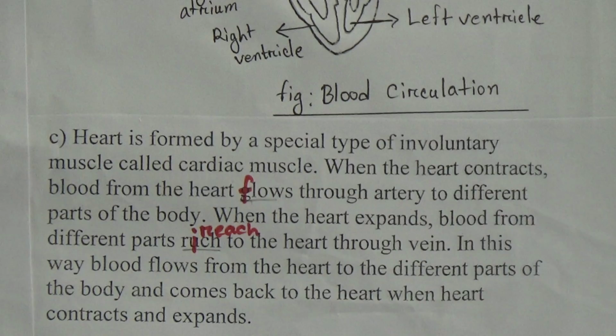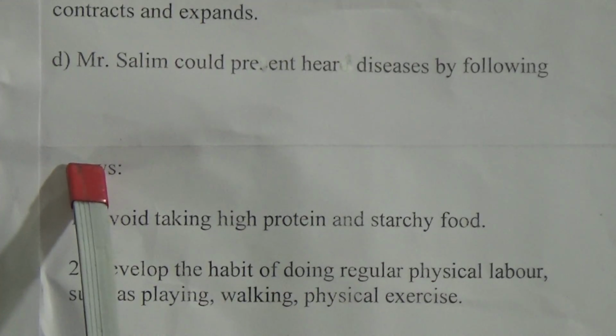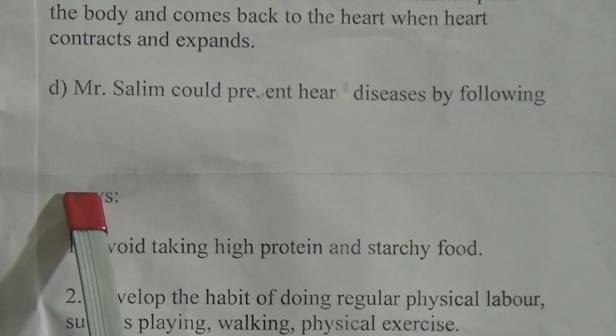And the D number question was, how could Mr. Selim prevent heart diseases?